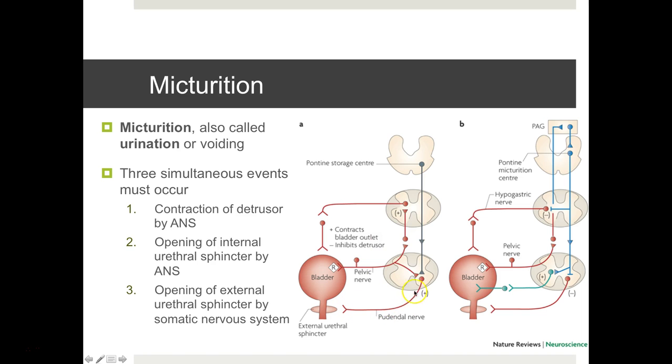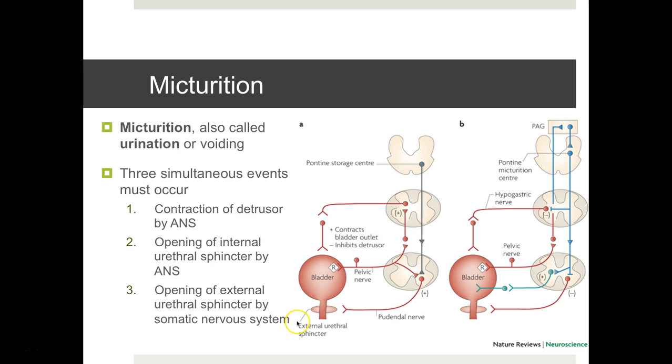So here's the pudendal nerve. Pudendal actually means embarrassed, and this is a nerve that supplies this pelvic region. So I don't know, anatomists thought this is an embarrassing topic to talk about, and they named this nerve pudendal. Anyway, this pudendal outflow is going to the external urethral sphincter.